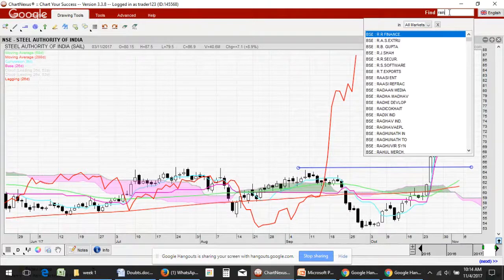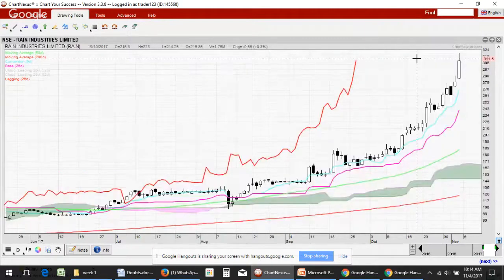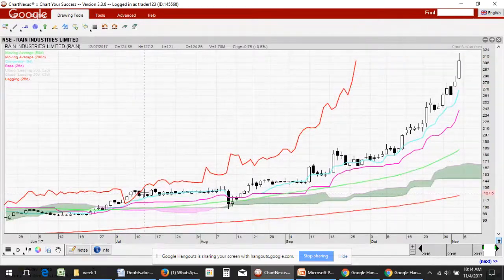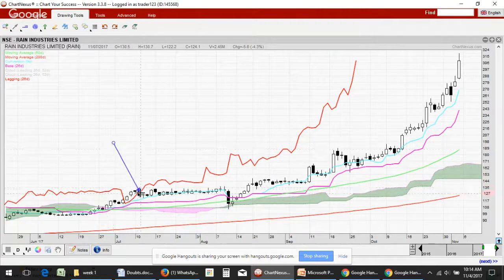Here's one more stock that I wanted to show, Rain, just to show how long these trends last, right? So here's where you had your initial Chikou breakout, right here. Chikou broke out through that congestion area, which corresponds to this point right here. Okay, so buying it right there.